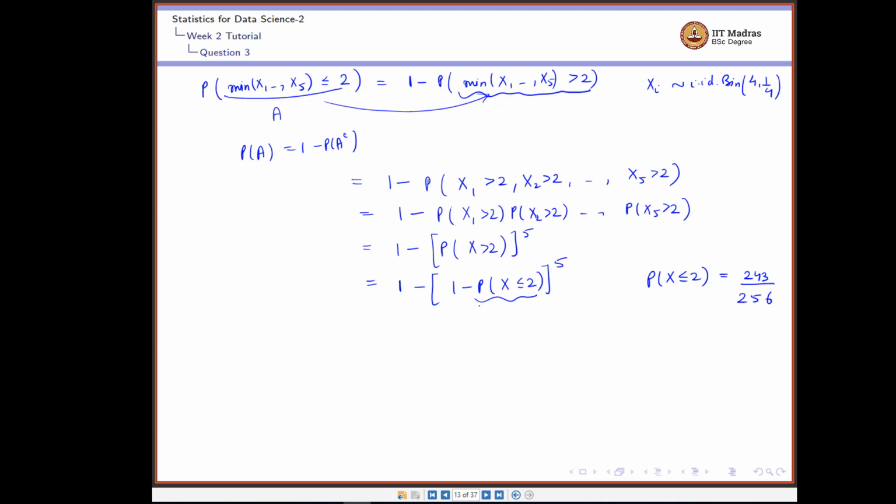So we can use it here. We will write this as 1 minus (243 upon 256) to the power 5. So this will come out to be 1 minus (13 upon 256) to the power 5. So this is your answer for the second part.